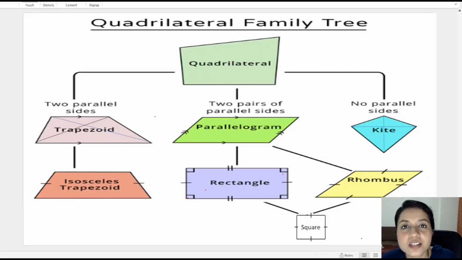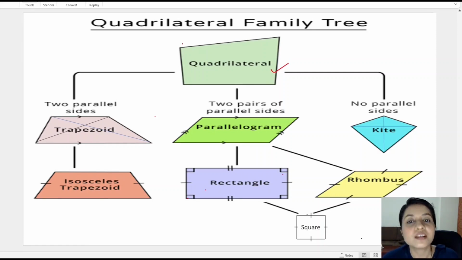Now let's discuss about quadrilateral's family tree. I'm pretty sure that you must have created your own family tree. Here we are going to discuss about quadrilateral's family tree. As we can see here, the head of the family member is quadrilateral. So whatever property or formula will be applicable for this quadrilateral, other members of the family will also follow the same, apart from having their own particular qualities or properties.